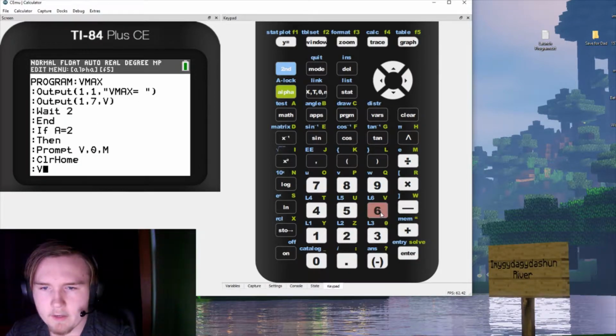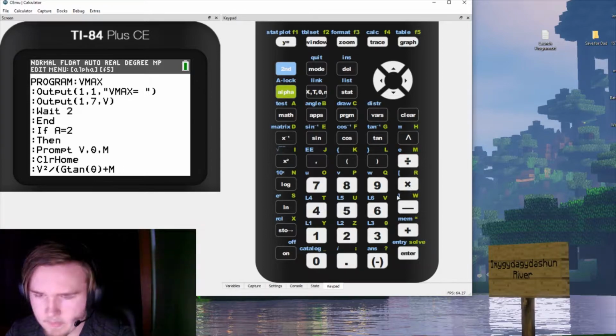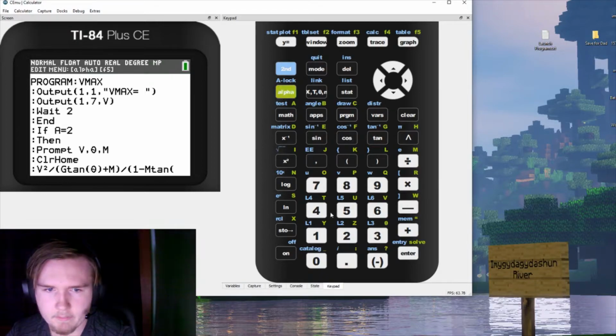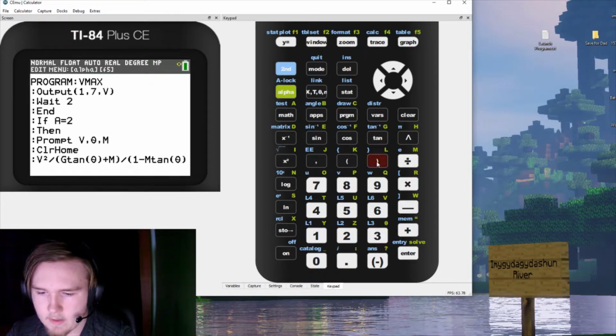Then it's V squared divided by parenthesis G tangents of theta, close parenthesis, plus m, close that one, just once, not twice, divided by, open parenthesis, 1 minus m tan of theta. Close that twice, store it to r.